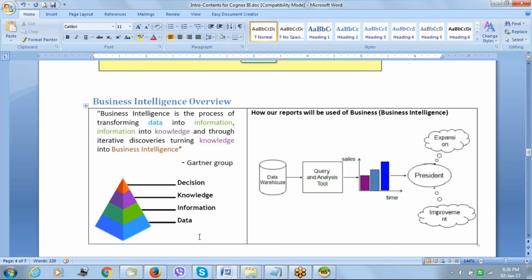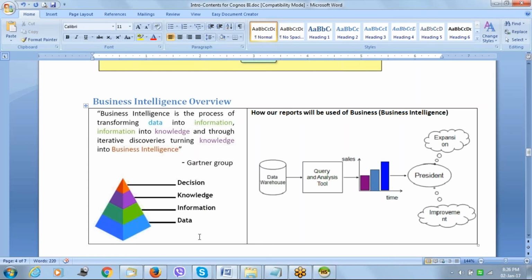Okay, so in a real-time scenario, what is happening? Everywhere it is computerized. There is a lot of data. If we go to a textile shop, a lot of data is there, and the management or the business person is confused. He doesn't know how to use the data. They will have all the billing information, all the inventory information.